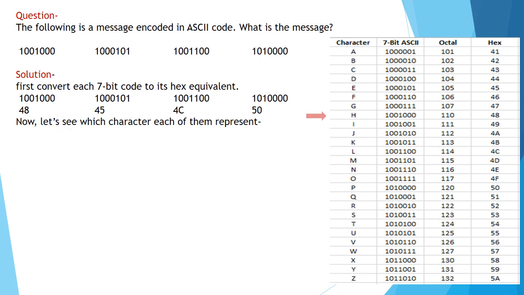Here you can see that 48 is pointing to character H, so the first one is H. Then 45 is pointing to the character E, so the next is E. 4C is pointing to the character L, so the next character is L. And for the last one, 50 in hexadecimal is showing character P, so the next character is P. So the message you are getting here is help.